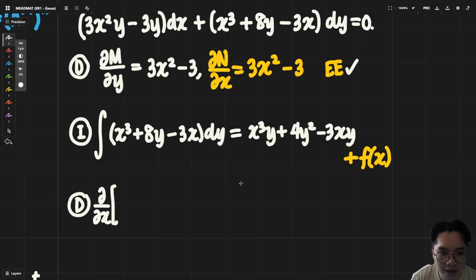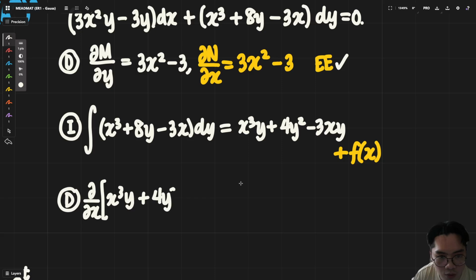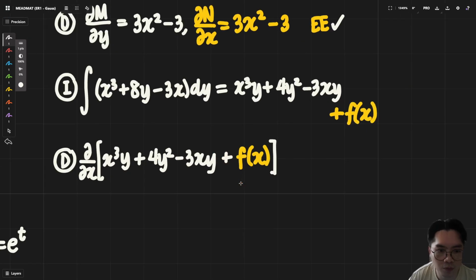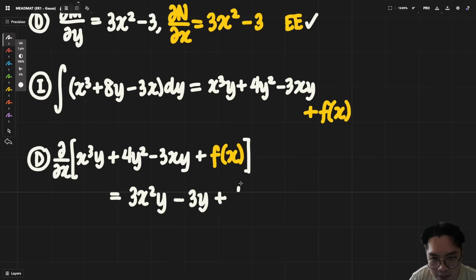Now, what will happen is that I will derive this with respect to x. Let's see if anything happens. X cubed y plus 4y squared minus 3xy plus the mystery function of x. What we'll see is that this will become 3x squared y. This gets removed. This becomes minus 3y, and then plus f prime of x.